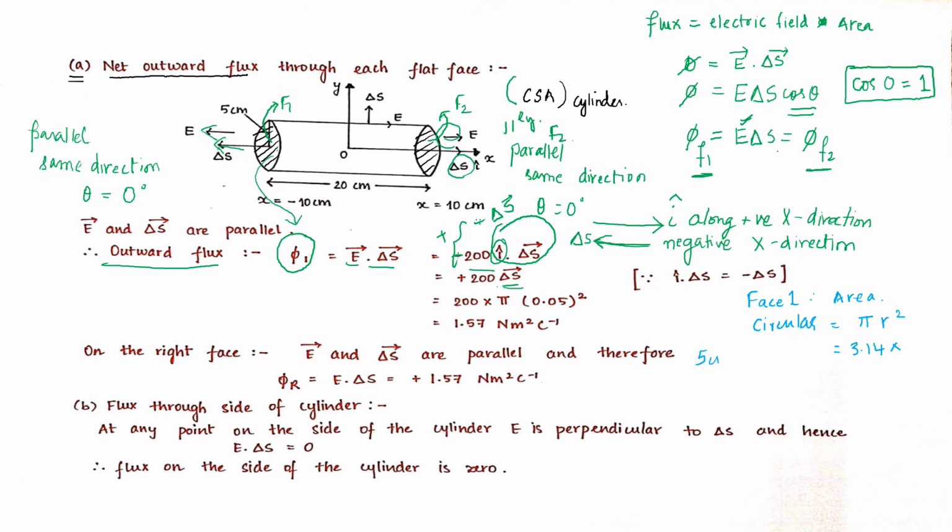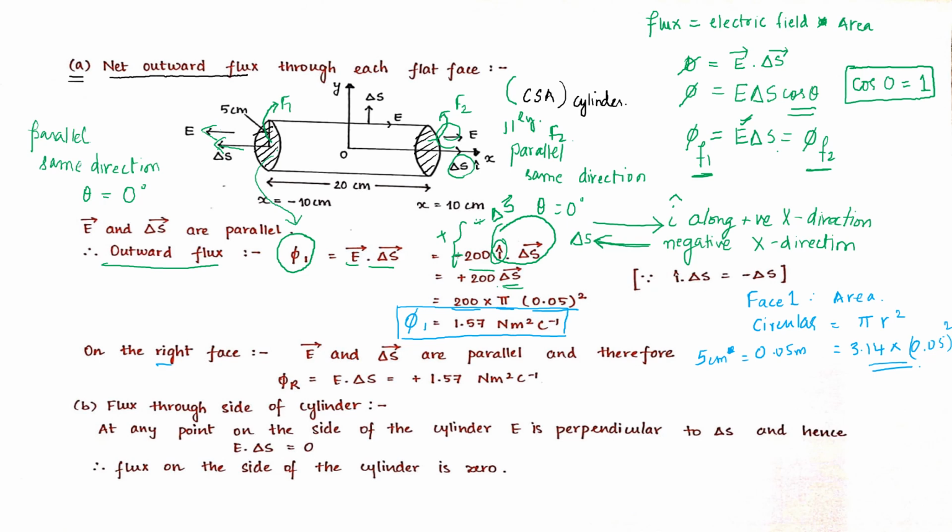So 5 centimeter converted into meter, what will be it? It is 0.05 meter. So 0.05 the whole square. This is the area of phase 1. So 200 into pi into 0.05 the whole square, and for the phase 1 electric flux we received is 1.57 Newton meter square per coulomb.